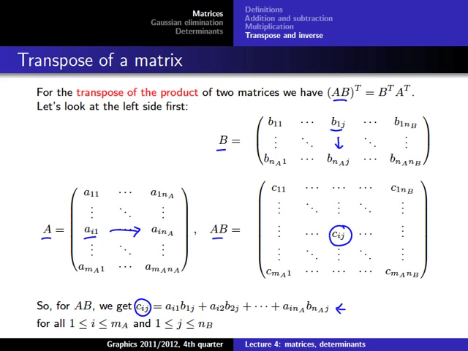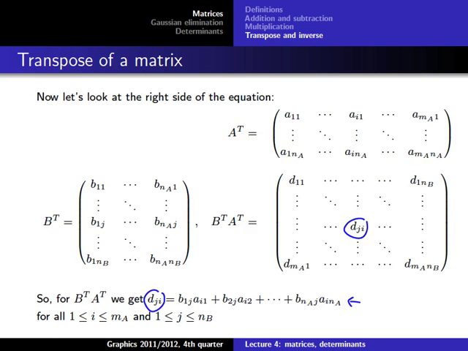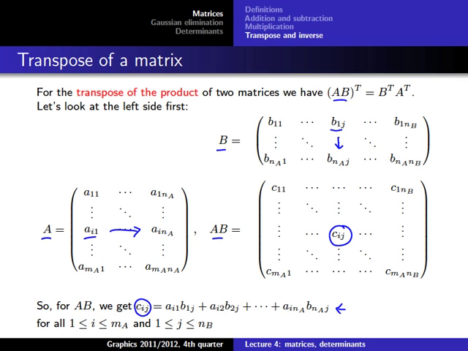But we haven't taken the transpose here, so here we just have AB, and we wanted to show that this is the same as the transpose of this here. So if we take the transpose, we switch ij with ji.